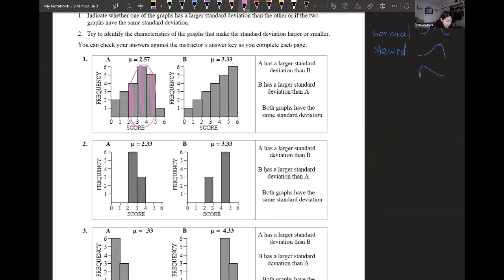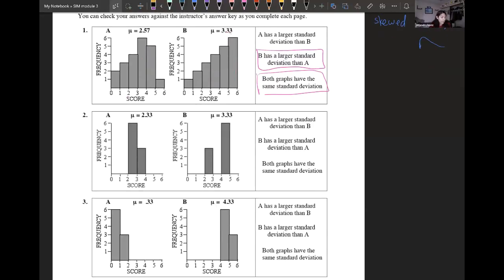The other one, we have the data here and here and here. Now, this one here, since it's kind of on the side, this one is a little unsure. So if you guys were to put both graphs, that might be okay. Or if you put B has a higher standard deviation, that's also okay. Because this one has most of the data here and it has to spread out this way. So either of those two would be okay.